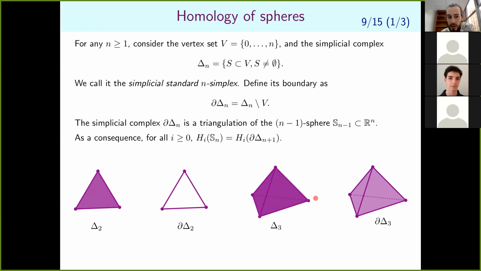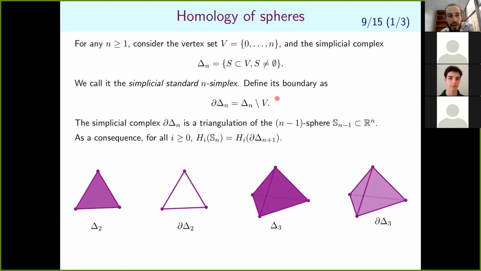Delta 3 has 4 vertices and contains all the simplices you can define on it. It has 6 edges, 4 triangles, and 1 tetrahedron in the center.